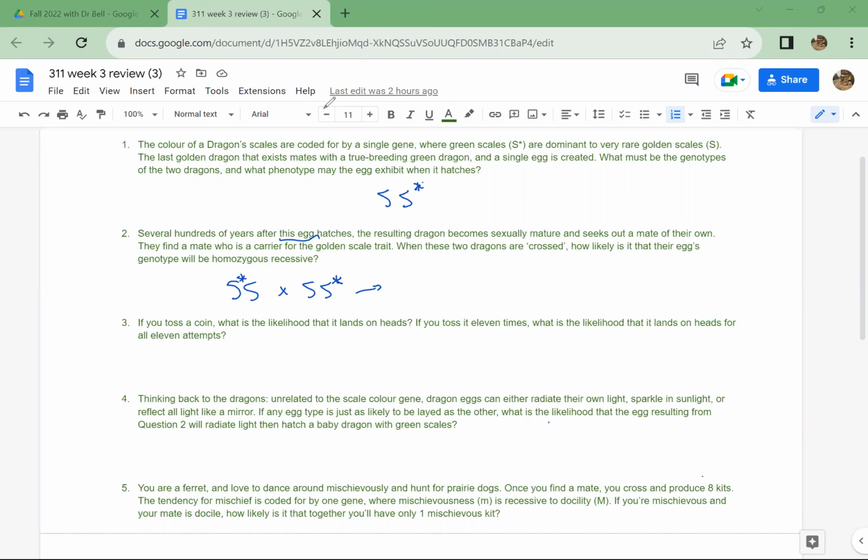And so the possible combinations that we can get from a monohybrid cross are that this S star combines with this S, giving us S star S. Or this S combines with this S, giving us S star S star.